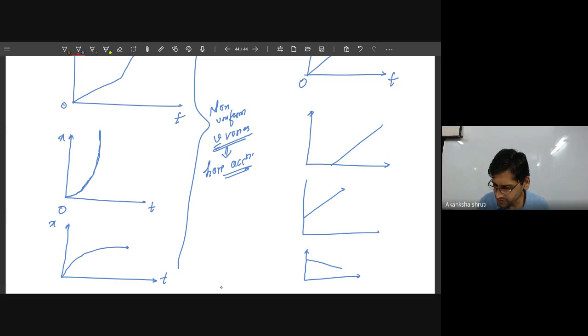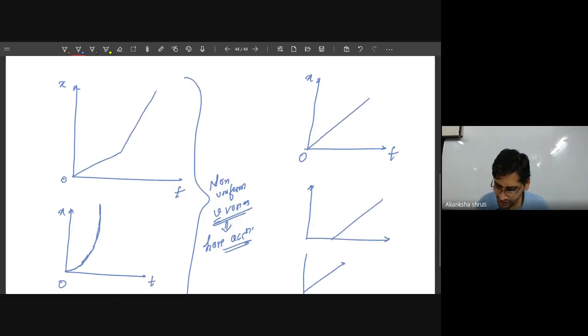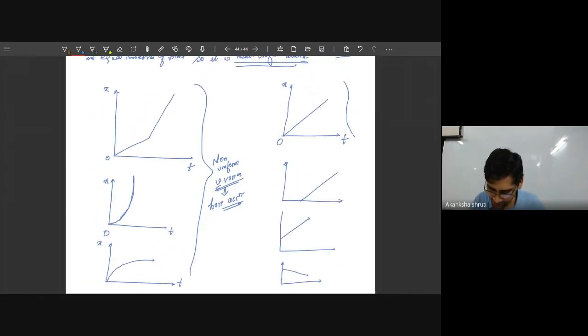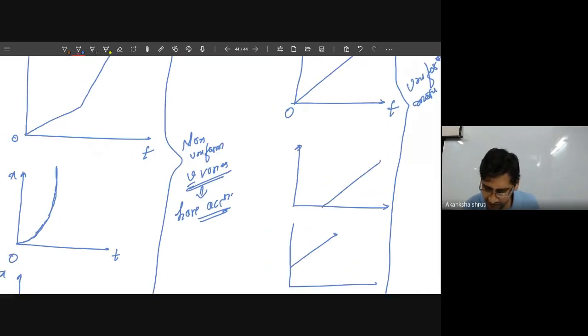It is also possible that the position is coming down. So all of these are for which kind? Uniform motion. So students, these are for uniform motion. Okay, so in this case what do we observe?